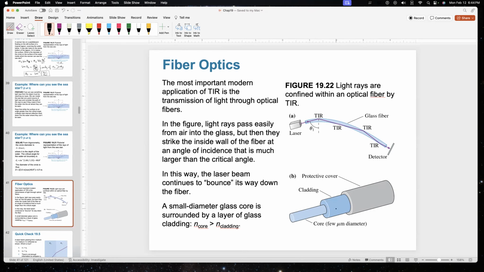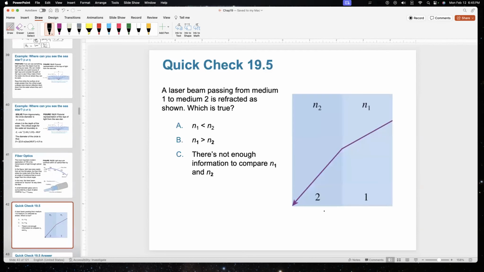So fiber optics has several claddings or layers around the core, with substances of higher and higher index of refraction, so that even if a ray of light escaped, we'll have the chance again to bend back and go back to the core.